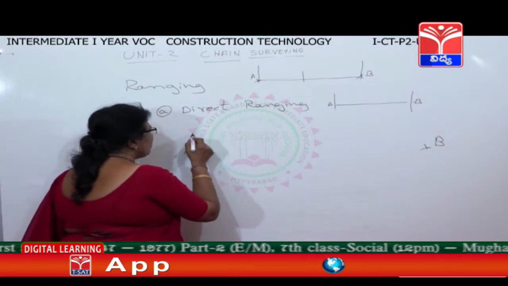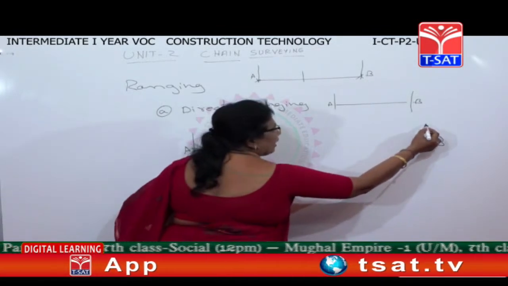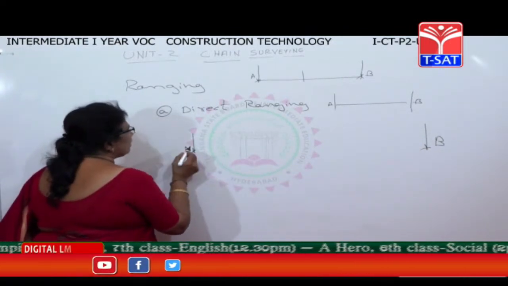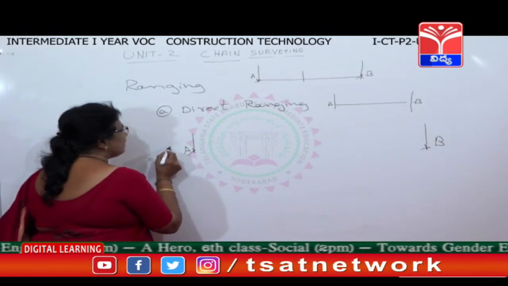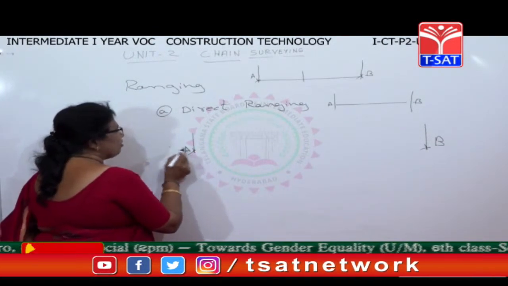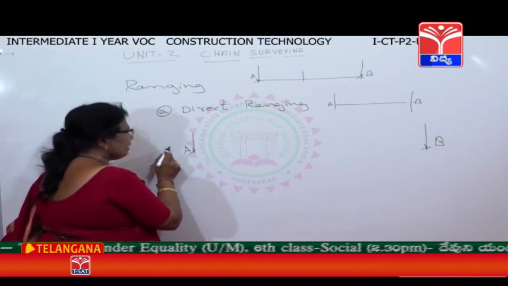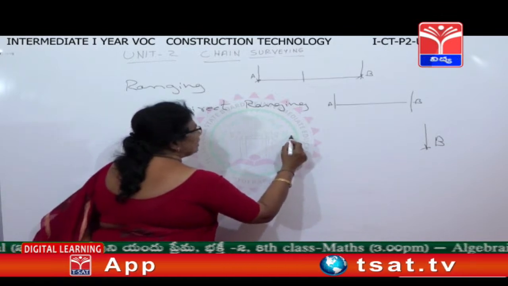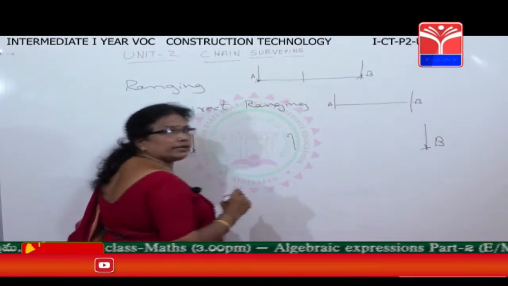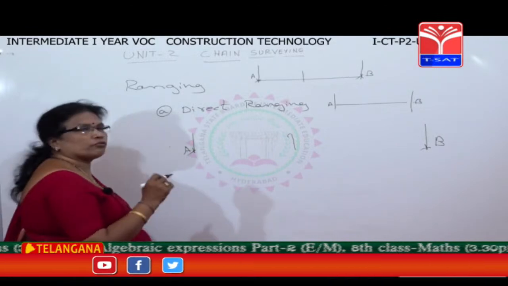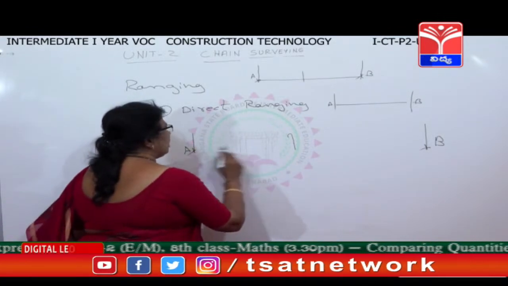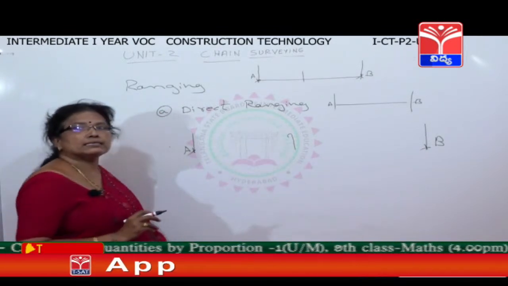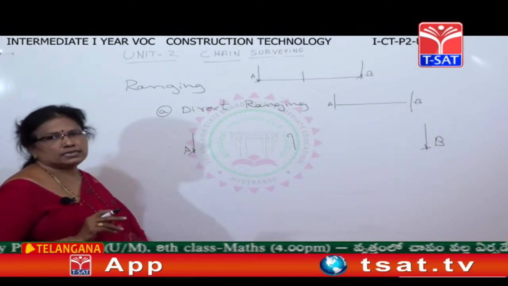So what you do, you will place one ranging rod here and one ranging rod at the end point. Then the person will stand here. He will leave a gap of 1.5 meter and he will stand. The person will stand here and he will ask one other intermediate leader or follower, any one person, and he will direct this person to come in a straight line by giving signals.